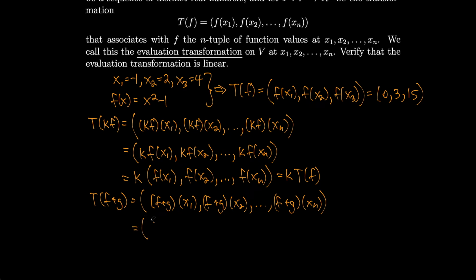And that's equal to f of x1 plus g of x1, by definition of function addition. So then I have f of x2 plus g of x2, all the way through f of xn plus g of xn.